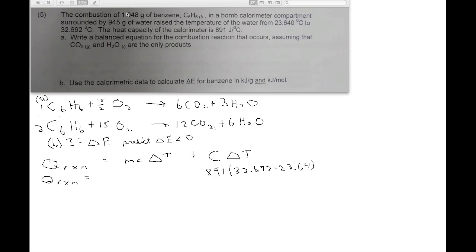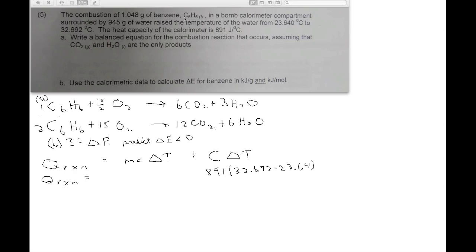The water and the solid portions of the vessel. The solid calorimeter and the water together will absorb the heat. Here, I actually think they want you to treat the water separately from this. It must be just the solid portions, because otherwise there's no reason to tell you the number of grams of water. Notice that if you just do it this way, you're never going to use the 945 grams of water, if you see what I'm saying.